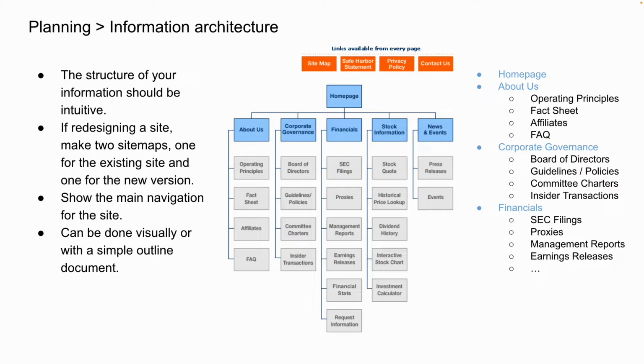I've got 2 different versions here. On the left, you've got a visual version. On the right is what I usually do, which is I just type up using the hierarchy in a bulleted list. And that helps you to understand where this content's going to go, what the main links and texts in the navigation are.